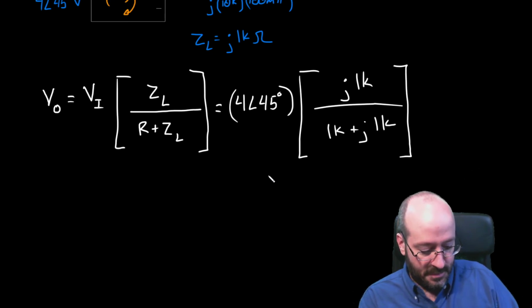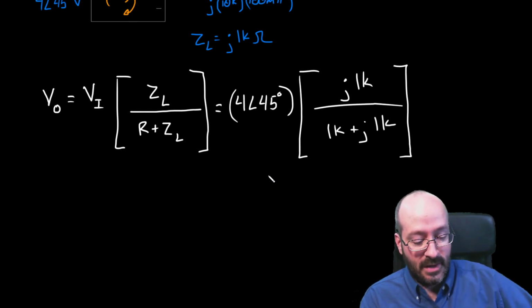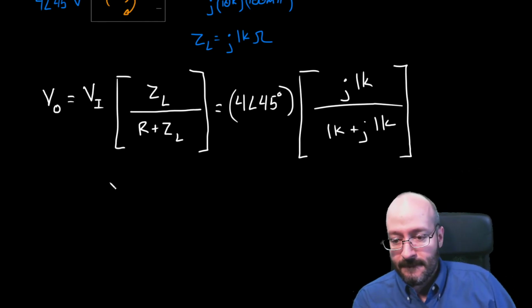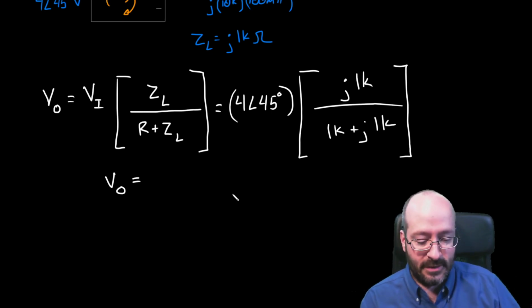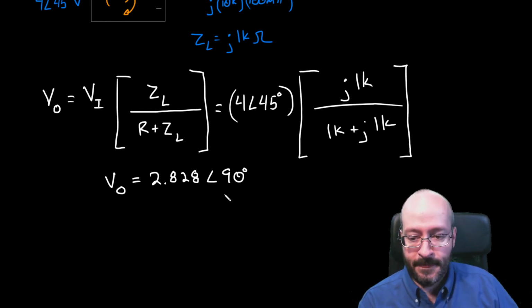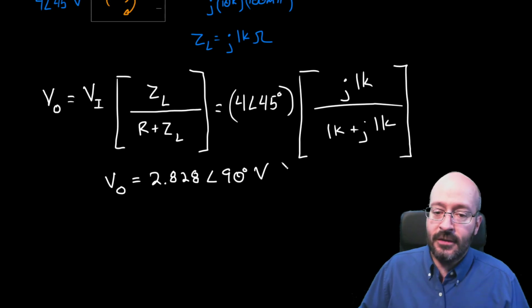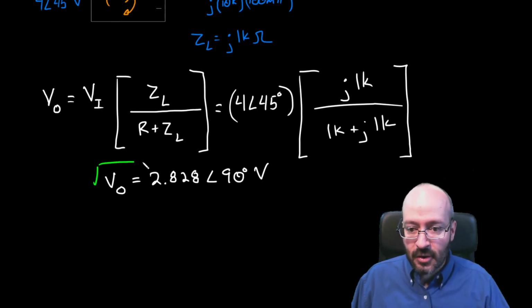Okay, 1E3, 1E3. That looks good. And from that, I get an answer, and I'm hoping that you plugged it into your calculator. Pause the video if you needed to. I get an answer that looks like this, 2.828 at an angle of 90 degrees. Okay, and that's going to be a voltage. So that's good. That's our phasor domain solution.